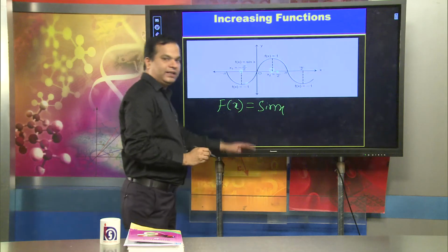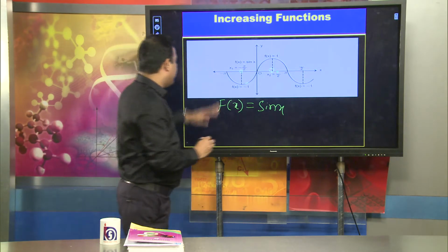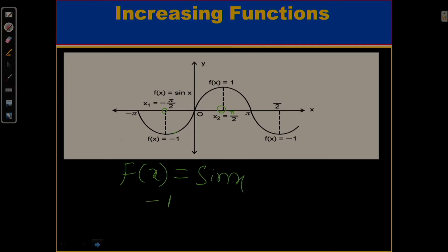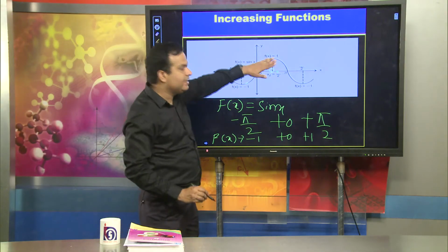So we can say that the function sin x, from minus pi by 2 to plus pi by 2, where the functional value f of x goes from minus 1 to plus 1, is increasing.